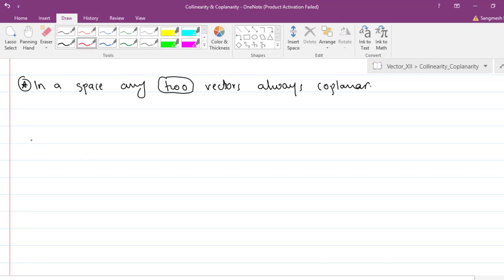Let's see the theorem. Second theorem, theorem number 2. The theorem is, let a bar and b bar be non-collinear vectors.